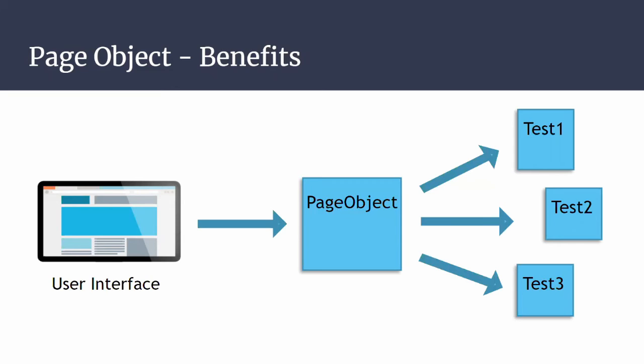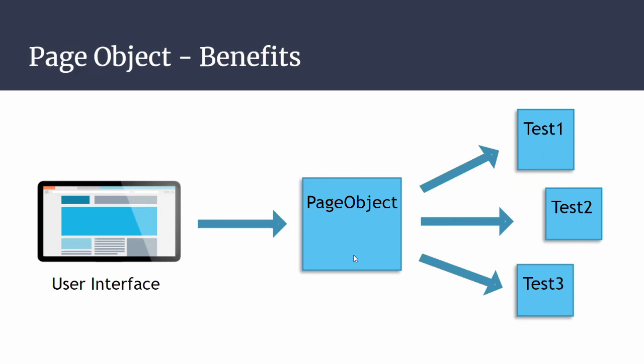Well, the main advantage of the page object is that in case our user interface changes, because the developers add a new functionality or because they change the way to locate or find a web element, this type of change most commonly affects all the tests that are related to this change.